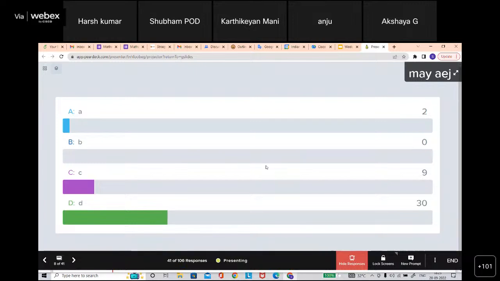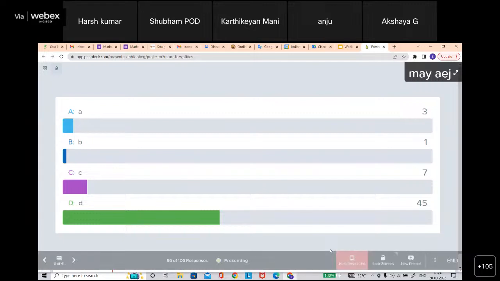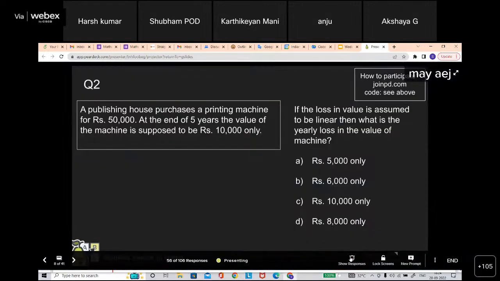Let's see some responses also. No need to just go with the options that many people are choosing. If you are making a wrong calculation, you can correct yourself, and after finding the numeric answer, you should answer.